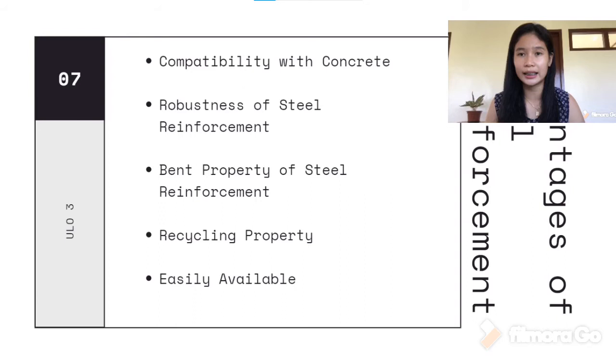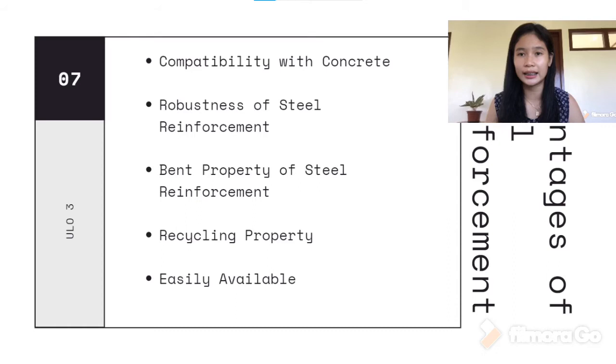Also, we have the recycling property of steel reinforcement. It is infinitely recyclable, meaning it typically is recycled by demolition contractors who sell the bars as ferrous scrap. The steel is reclaimed by crushing the concrete and retrieving the bars with hammers, breakers, and grappling hooks mounted on heavy equipment.